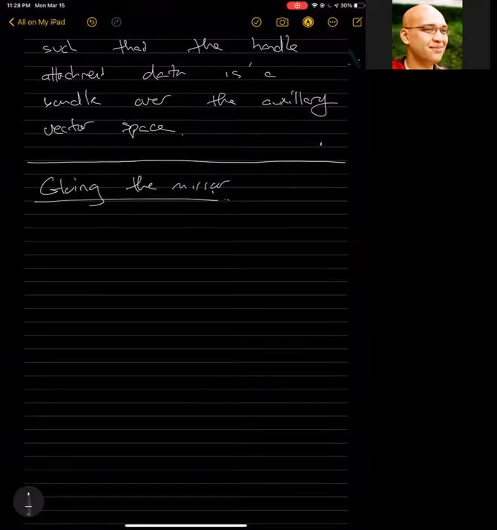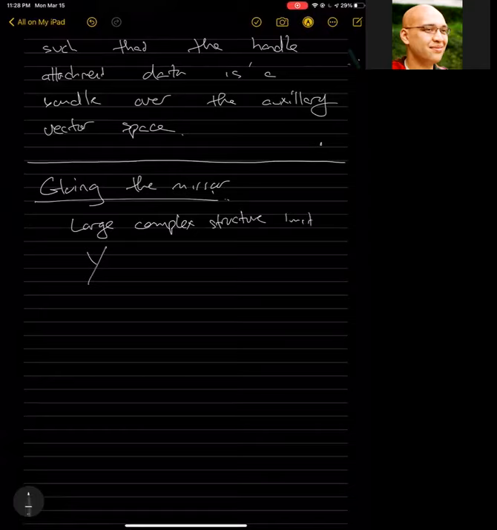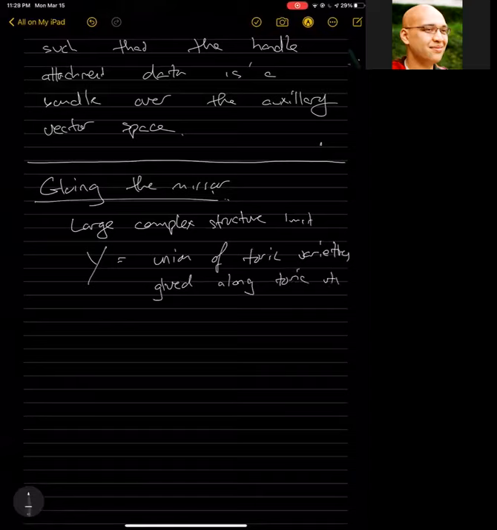And so what is this about? We've been studying toric varieties so much because in general, one is interested in the large complex structure limit, where this space, the coherent side Y, is a union of toric varieties, which is glued somehow out of toric varieties, glued along toric varieties.